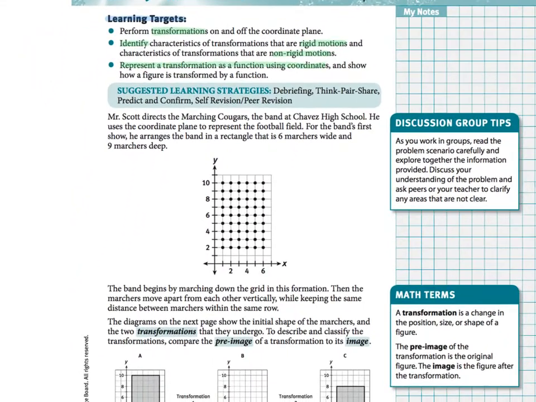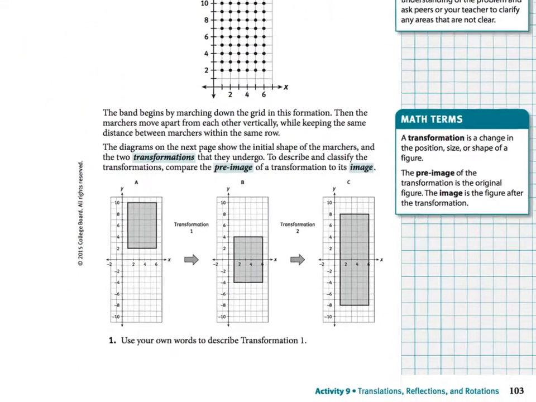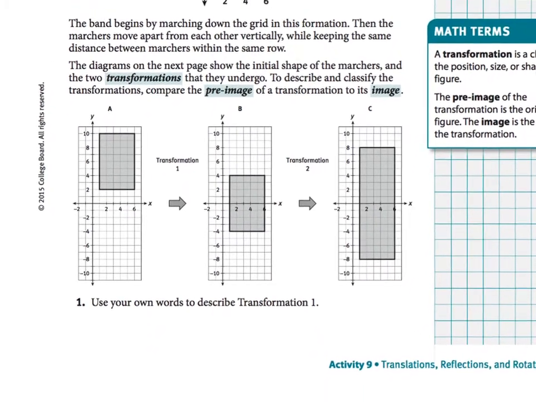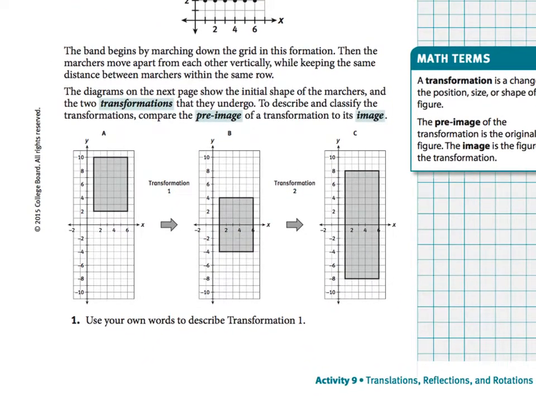I would like you to go down to those 3 figures on the bottom, and look at them and try to figure out what's happening when you move from figure A to figure B and then figure C. What's the transformation that's occurring between A and B and then between A and C? As we're looking at figure A, we call this the pre-image, because that's the image we're starting with.